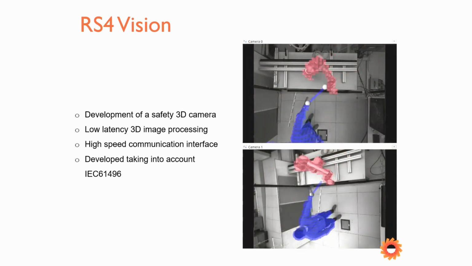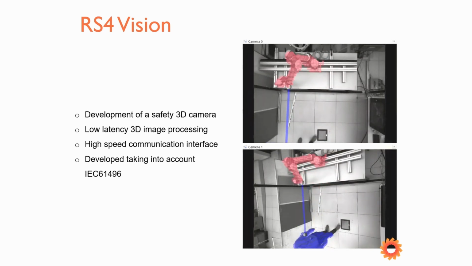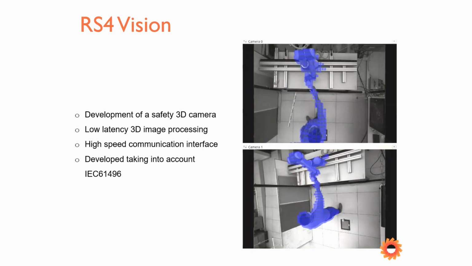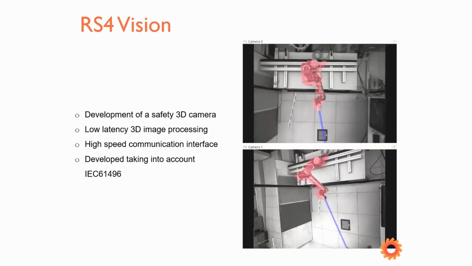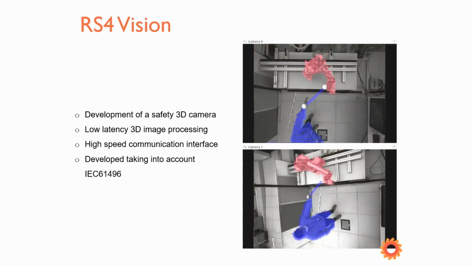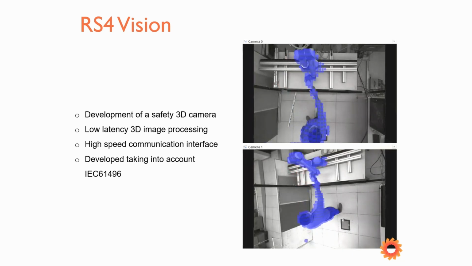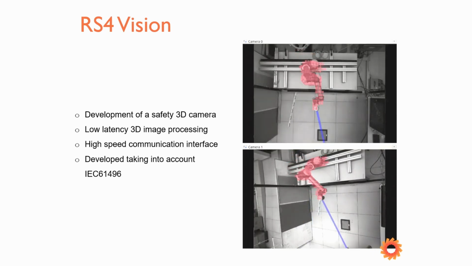This device is developed taking into account the IEC 61496, which describes how to create a 3D camera to be safety compliant. In the image, we can see that the robot is recognized as a robot and labeled with the purple color, and the human is recognized as a human and labeled with the blue color. And the minimum distance that is measured is the line that we see in the image.